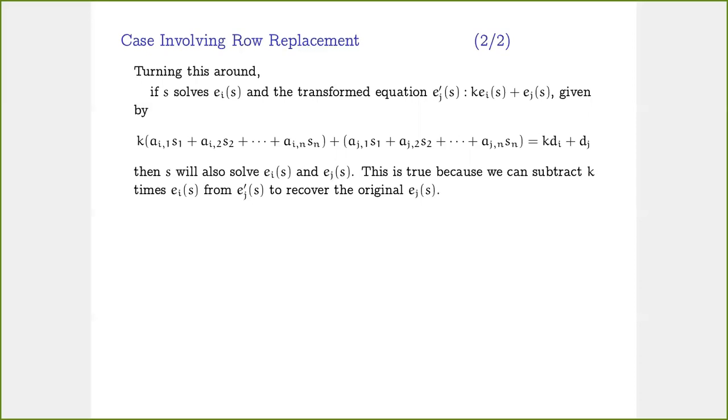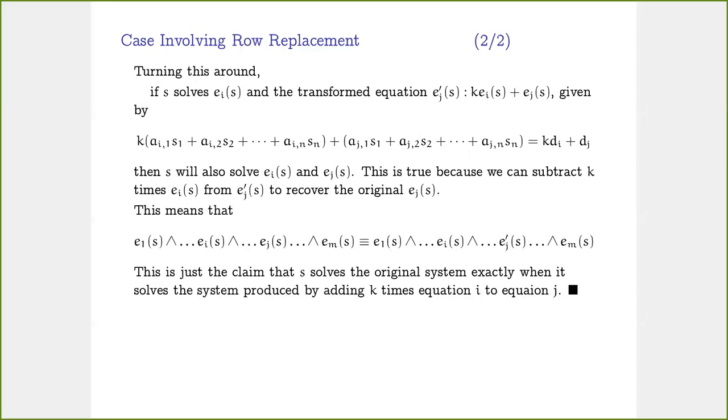And we can get E_j because we can subtract K times E_i from the equation just above. On the left, that subtracts K times that linear combination, and on the right, it subtracts K times d_i, leaving just the original E_j. This means that the condition that S solves the original system is logically equivalent to the condition that S solves the transformed system, the one with the row replacement.